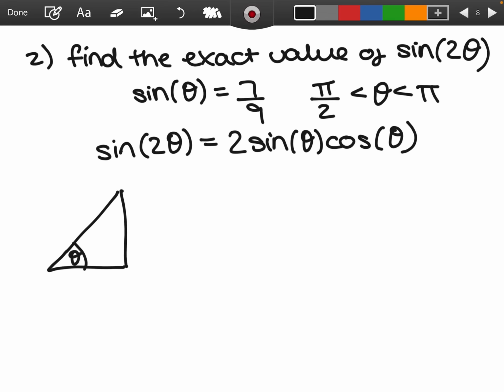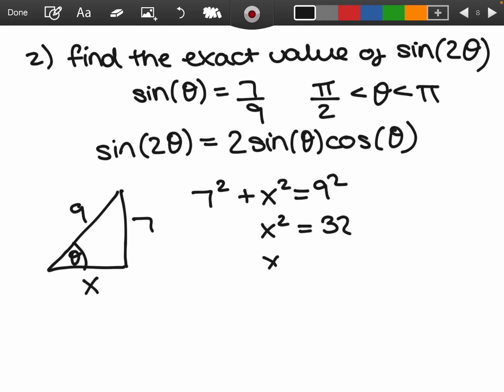So sine of theta is opposite divided by hypotenuse. So my opposite is 7, my hypotenuse is 9. I need to figure out my unknown. So that would be 7 squared plus x squared is equal to 9 squared. So x squared would be 81 minus 49, which would be 32. So x is going to be plus or minus the square root of 32.